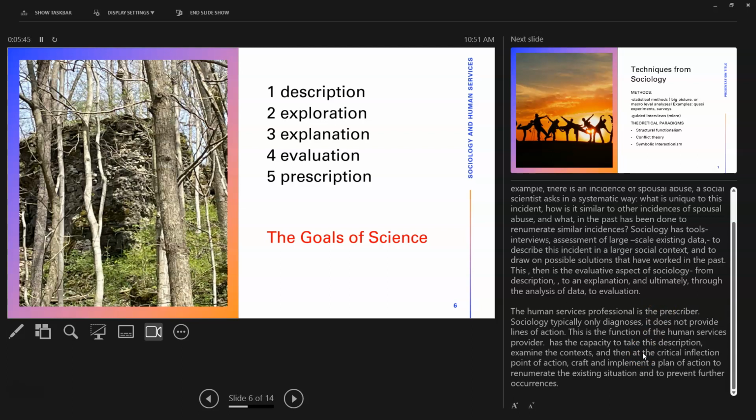It does not provide lines of action. This is the function of the human services provider. The human services provider has the capacity to take this description, examine the context, and then at the critical inflection point of action, craft and implement a plan of action to enumerate the existing situation and to prevent further occurrences.